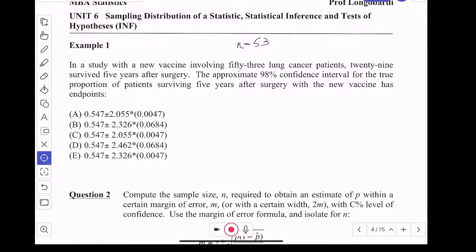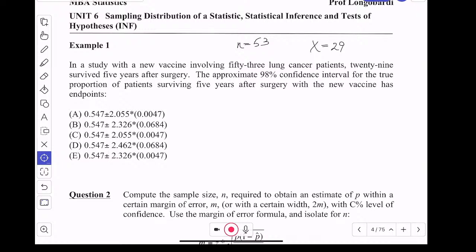This is our success. This is our X. Okay? X, where this is a binomial distribution looking for successes in 53 trials.